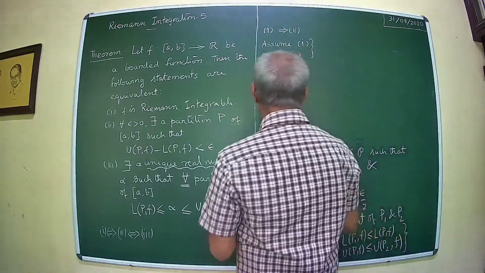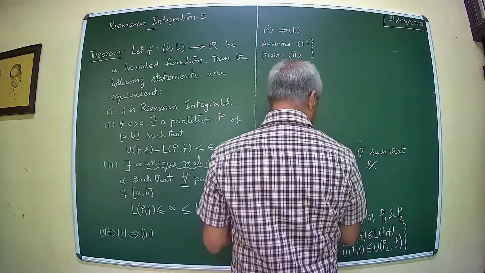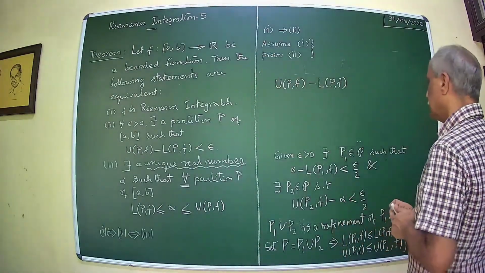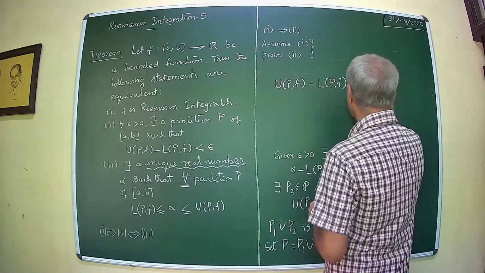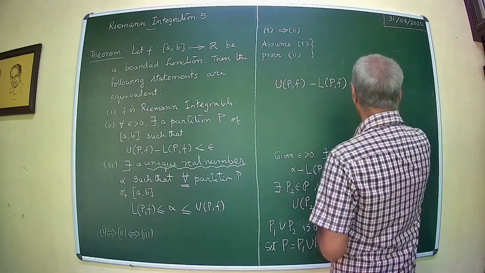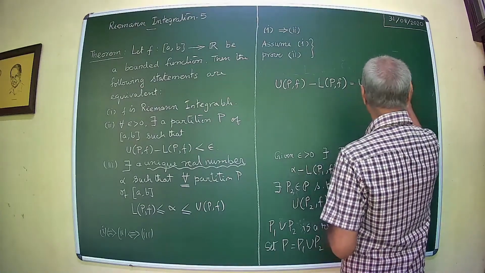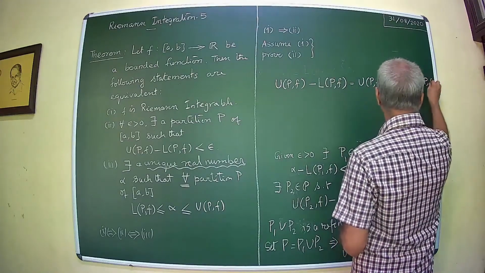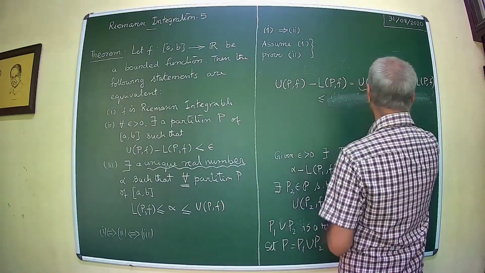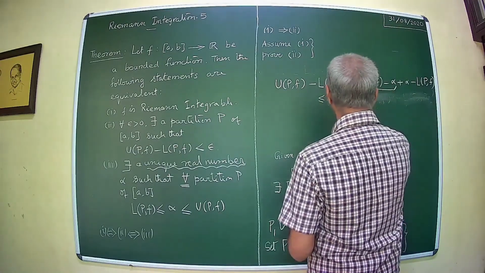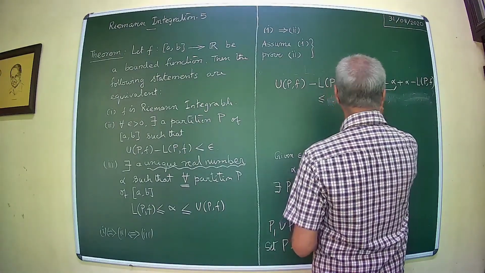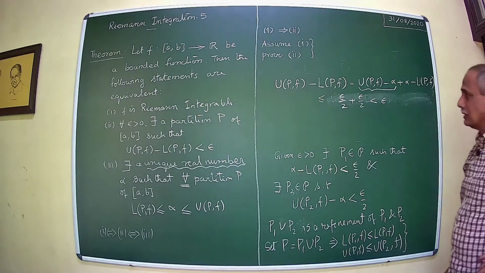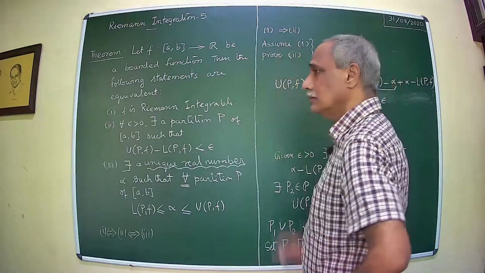So you get UPF minus LPF, this is less than epsilon by 2 plus epsilon by 2, which is epsilon. So there you are. So we have shown that 1 implies 2.